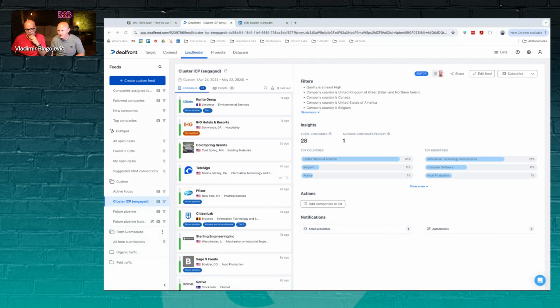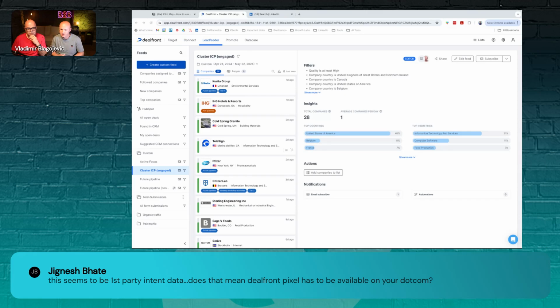Yeah, Ignash is asking, this seems to be the first part, intent data. Does that mean that the Dealfront pixel has to be available on your website, on your .com? Yes, correct. We really like to look at first-party intent data, which is to say our own.